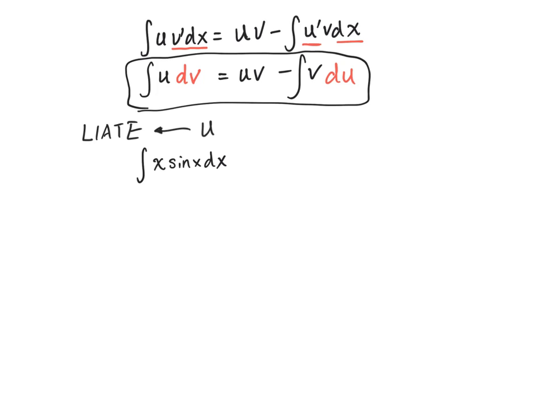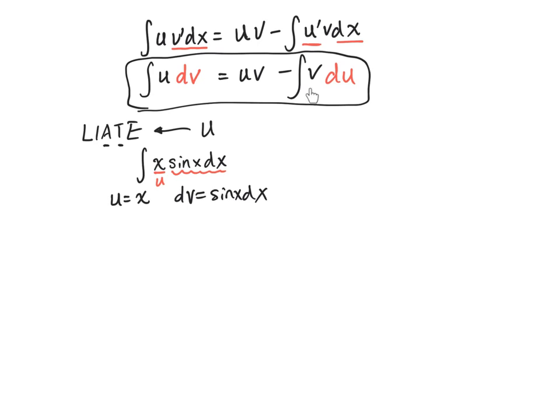If we use that rule here, x is the algebraic function, sine is the trig function. Because A occurs before T, you want to call u as x. And once you call u as x, what's left should be your dv. So I'm going to say dv is sine x dx.